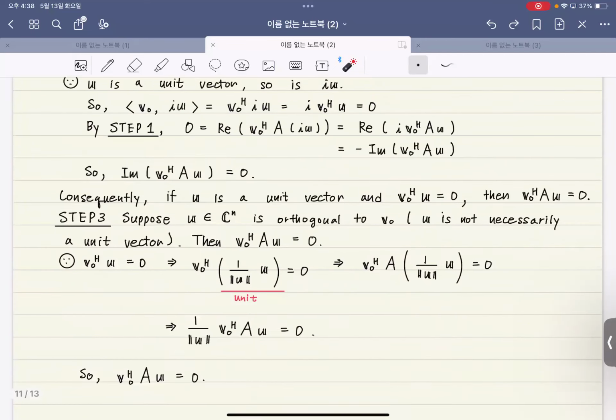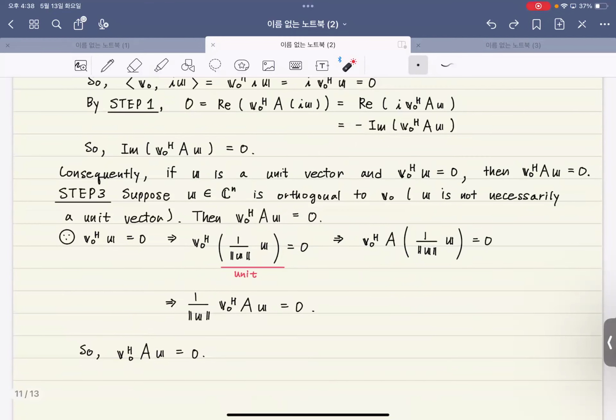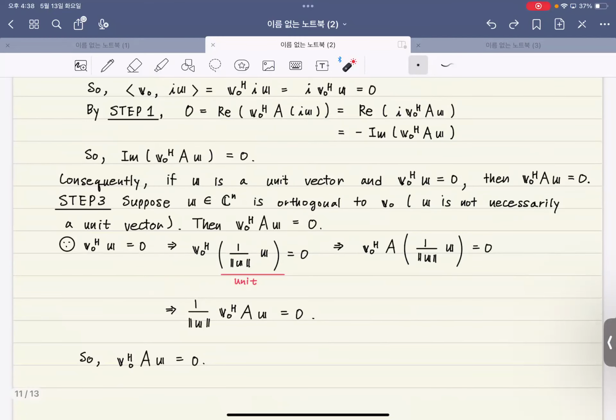And step number 3. Now we are trying to prove exactly the same thing, but this time dropping the condition that u is a unit vector. u is now just any vector orthogonal to v0, not necessarily a unit vector, so v0 Hermitian times u equals 0.